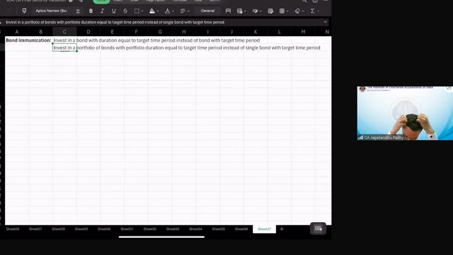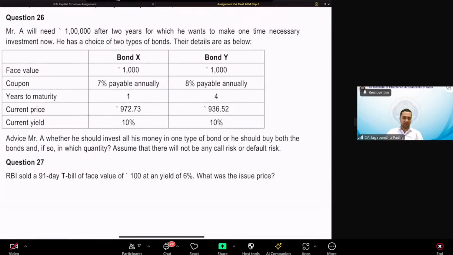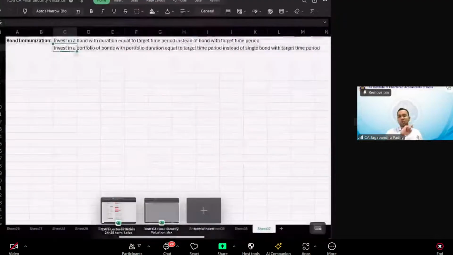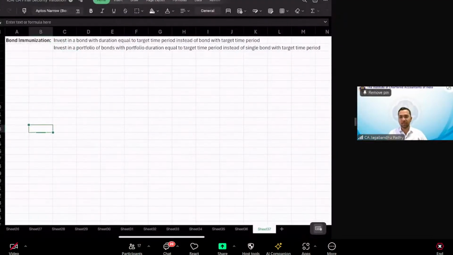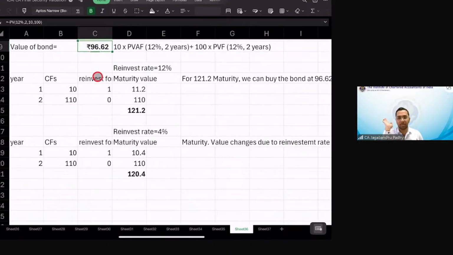Like in this question 26, what is our target time period? Yeah, guys, tell me. In question 26, what is our target time period? 2 years, right? So the strategy says don't invest in a bond with a maturity of 2 years, because we observed in the example also, if you invest in a bond with a maturity of 2 years, you face a problem.